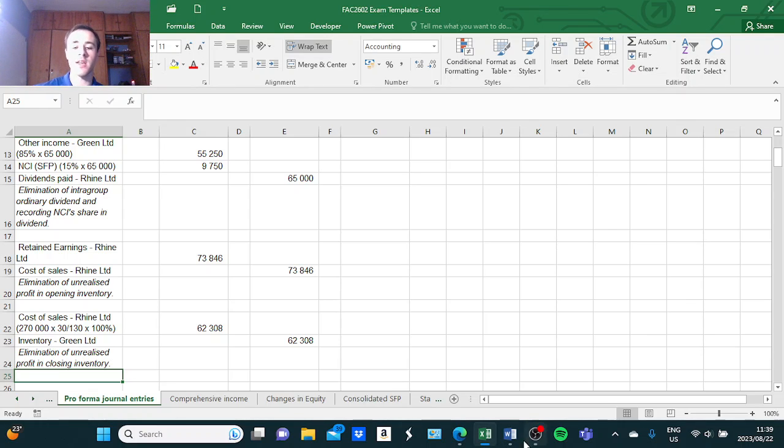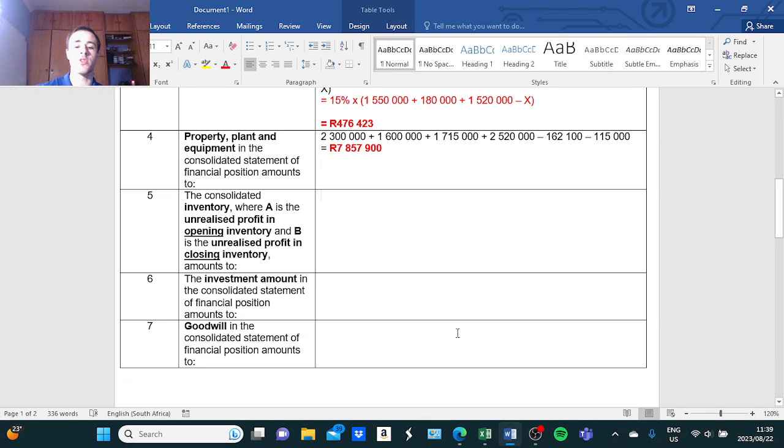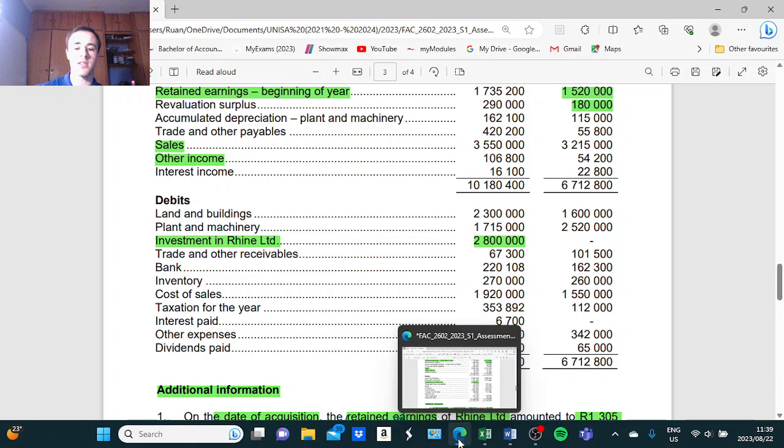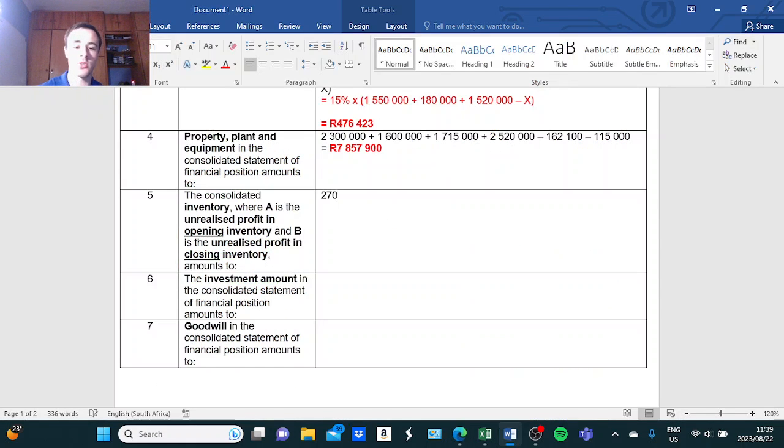In calculating the inventory balance for the group, we start with the amounts as reflected in the trial balances. So we will take 270,000 and we add 260,000. Those are the inventory balances for the two companies respectively.